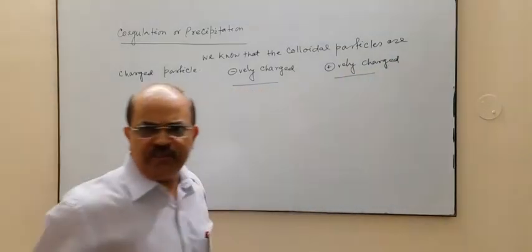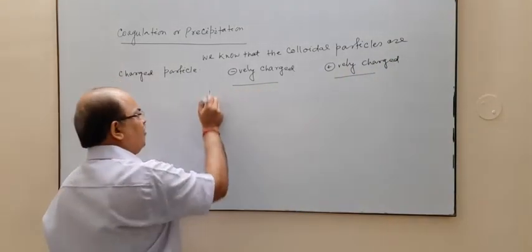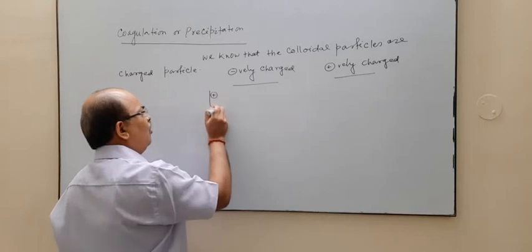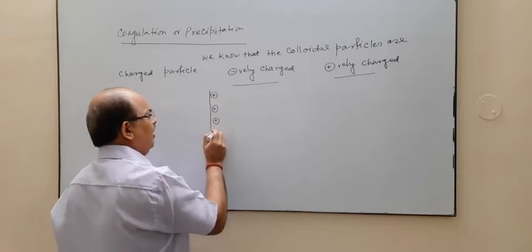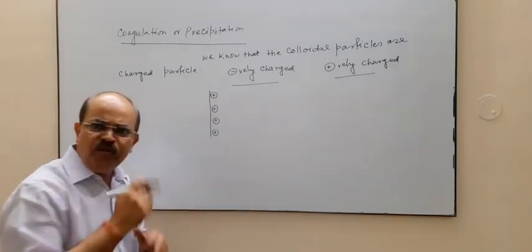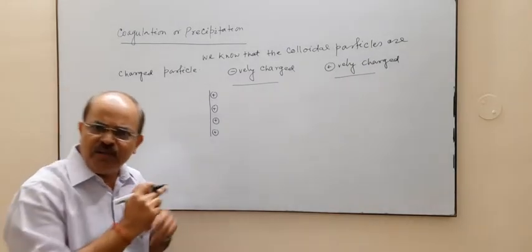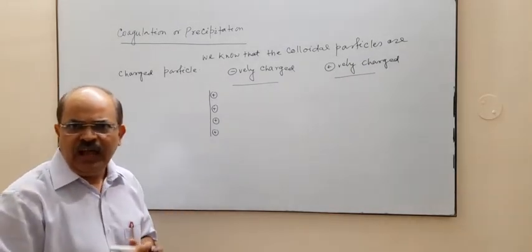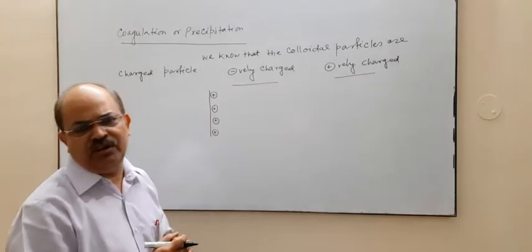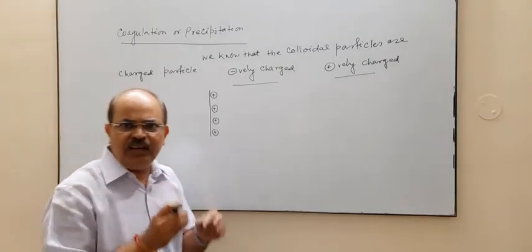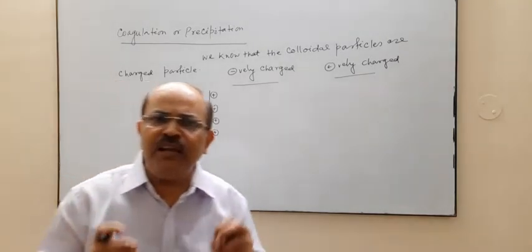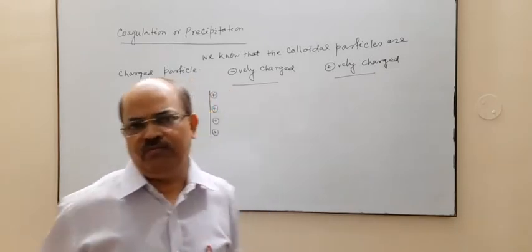Now, due to the presence of similar type of charges on colloidal particles, they always mutually repel each other, and due to this repulsion, the colloidal particles will remain in the colloidal form.